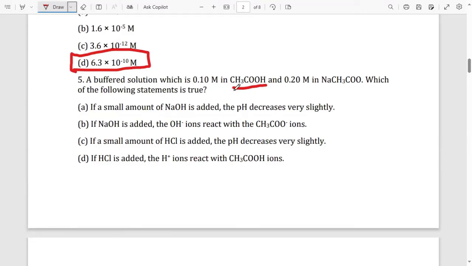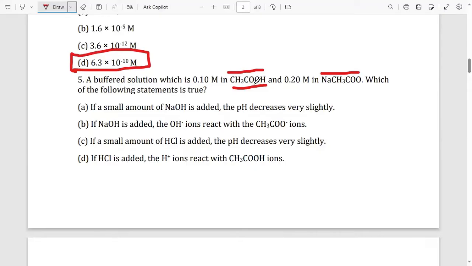Then they're saying which of the following statements is true. So they have given us these statements here. So we have to identify what we've been given. So we've been given an acid here, and we've been given a what? A salt. So this is sodium acetate, and then this one is the acetic acid.